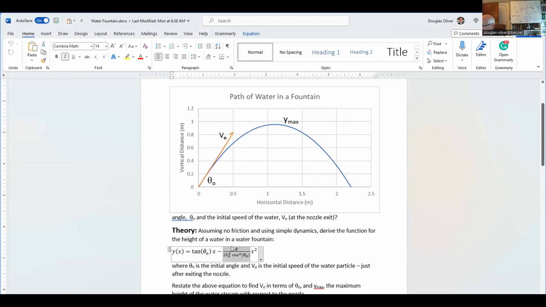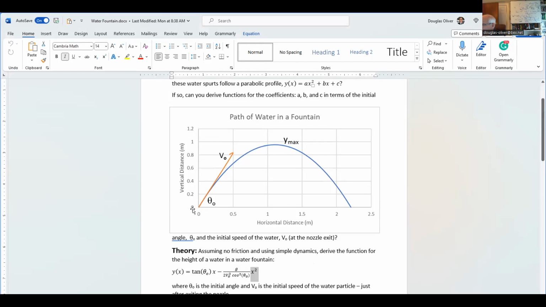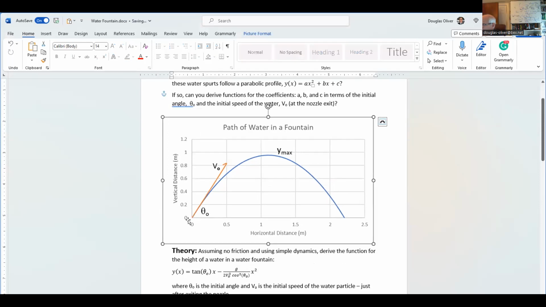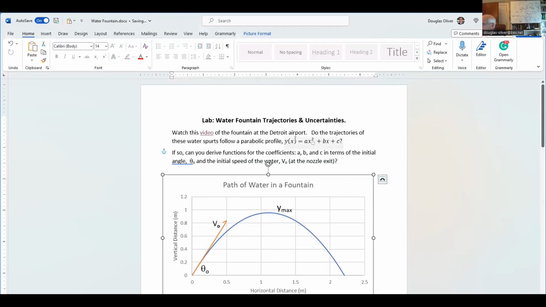Well, notice that this only has 2 terms here. It has the x term and the x squared term. That's because if we take the nozzle as the origin, when y is equal to 0 and x is equal to 0, we're going to take that as the origin point. Then if x equals 0, y can only equal 0 if c equals 0.